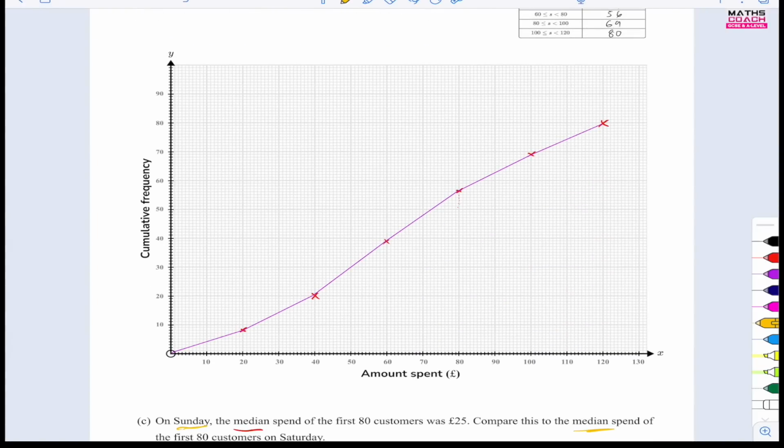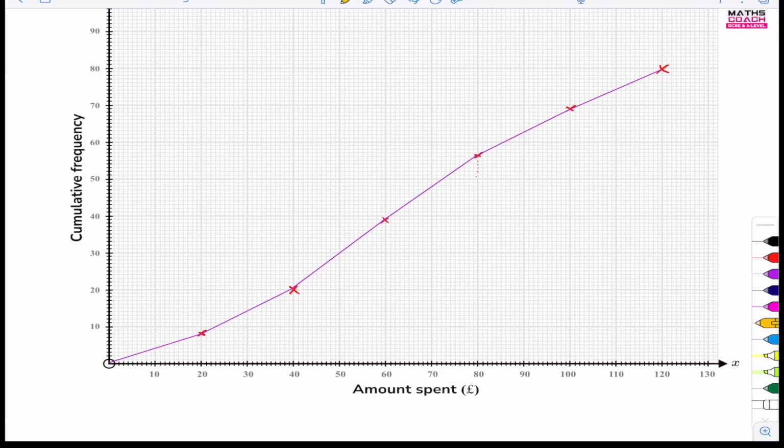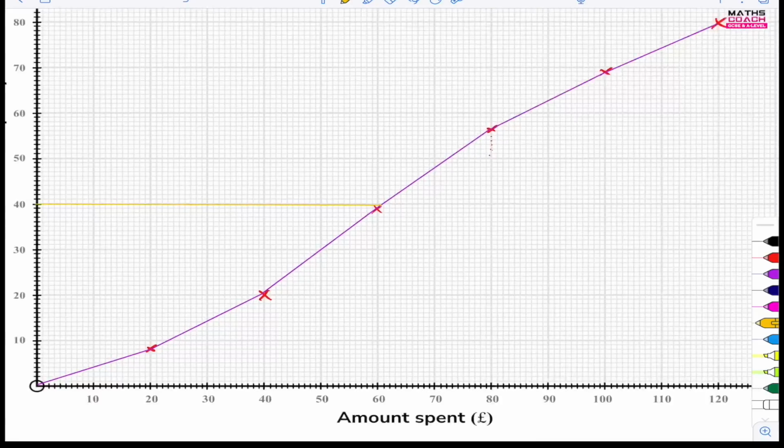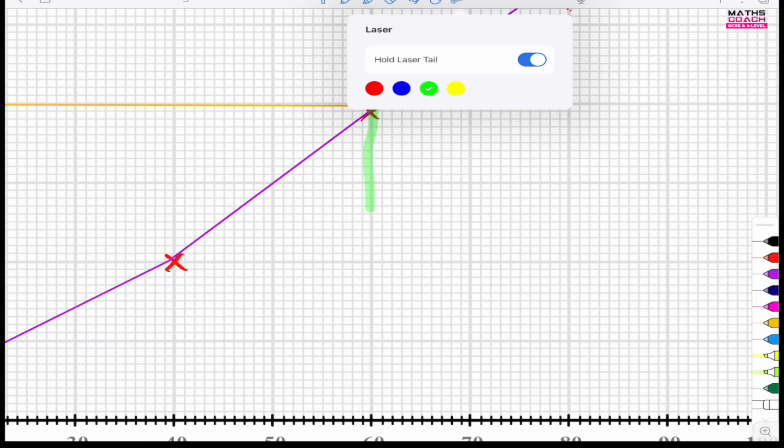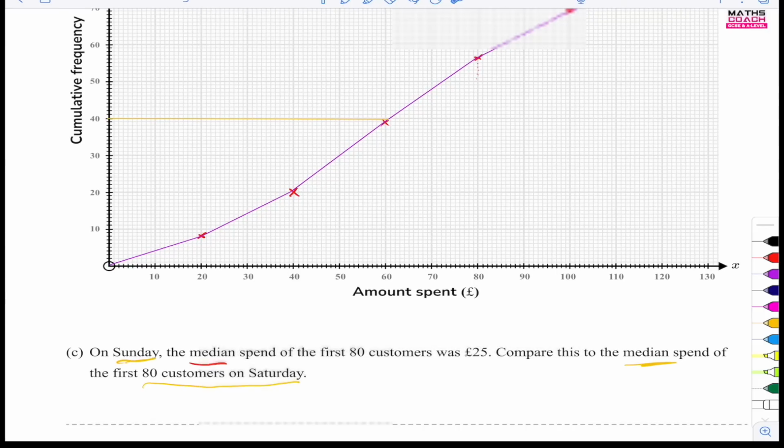So let's find our halfway point. So I said it's going to be at 40. So I'm going to get my ruler, draw a line at 40, and then wherever it hits my line, can you see it hits my line here, right? I'm just going to read down, okay? And it doesn't have to be pinpoint accuracy here, guys. Remember, because you drew your own line. So I'm going to go down, and as you can see, it's about £60.